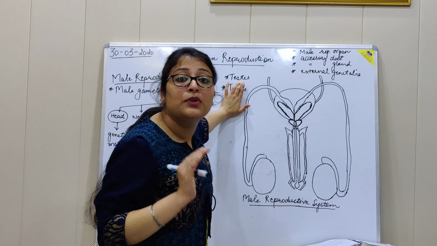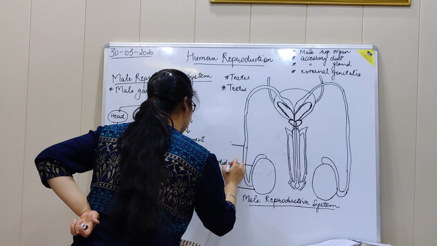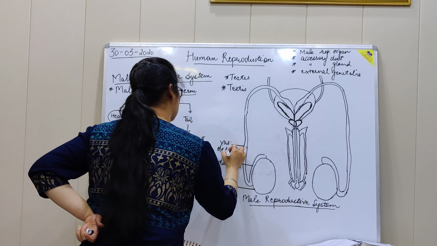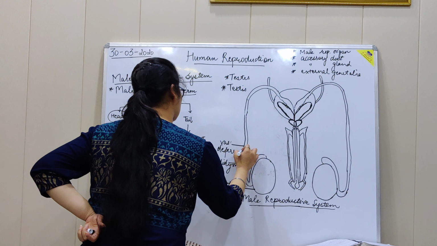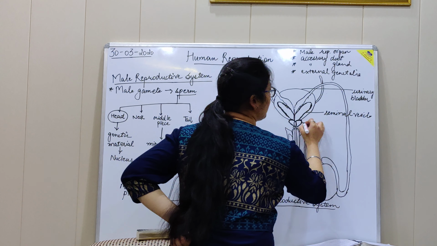First, I'll label everything. This is testis. This is epididymis. This is vas deferens. This is urinary bladder. Okay. This is seminal vesicle. This is prostate gland.